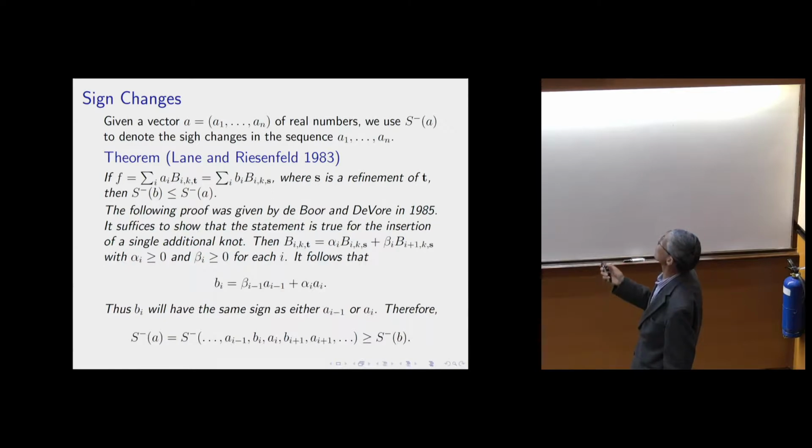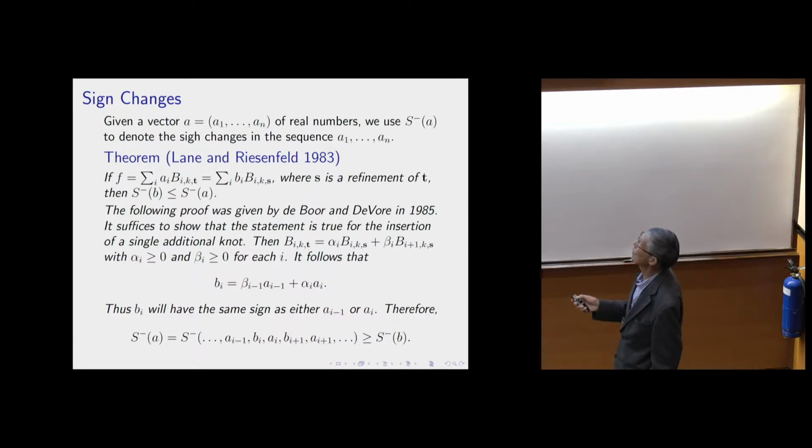We use S-bar of A to denote the sign changes in the sequence A1 to AN. Suppose S is a refinement of T, meaning we insert some nodes into S to get the sequence T. Then a spline can be represented as a B-spline with respect to T, and also a B-spline with respect to S. We look at the sign changes.